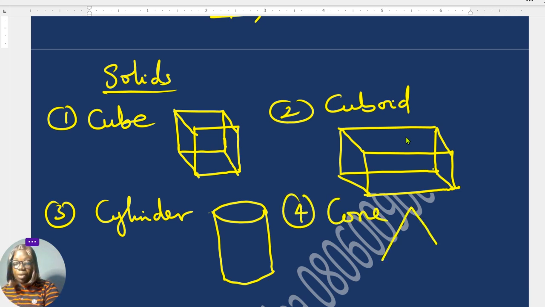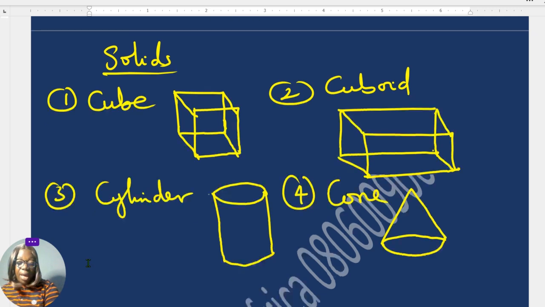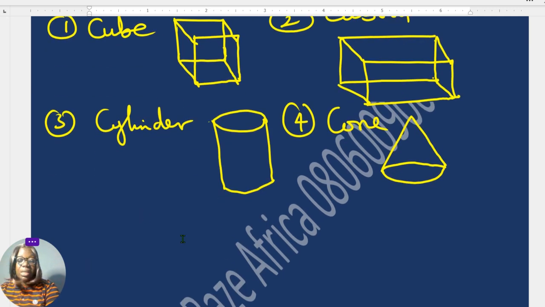The shape of the roof of some houses has the shape of a cone, and another one is a sphere. A sphere is a three-dimensional shape. Example of a sphere is a ball.